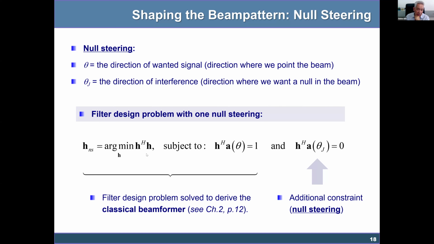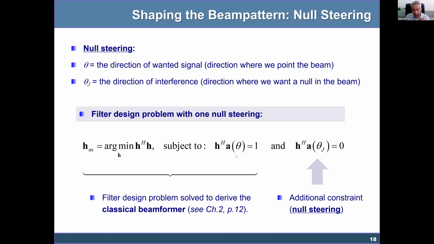So we want to minimize the power of the signal coming from a direction different from the steering direction theta, subject to the constraint that the gain from direction theta is 1. So you want the signal that comes from angle theta to pass undistorted. So this is the non-distortion constraint. And this is the problem that we solved before. And the solution of this problem, as you remember, was the classical beamformer.